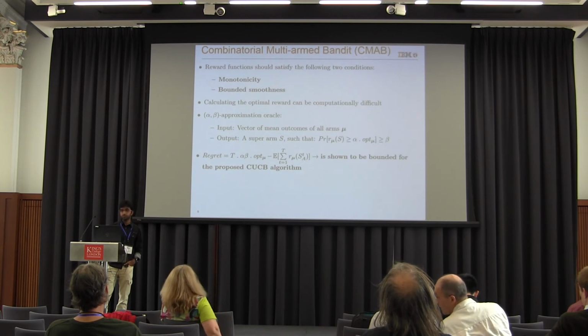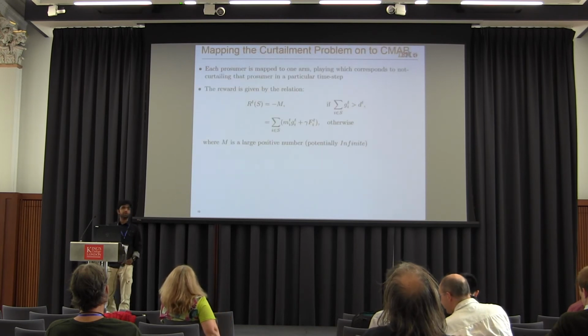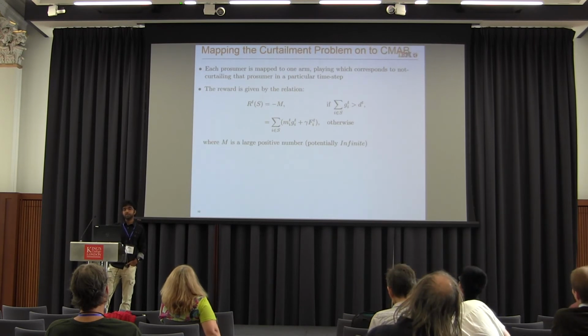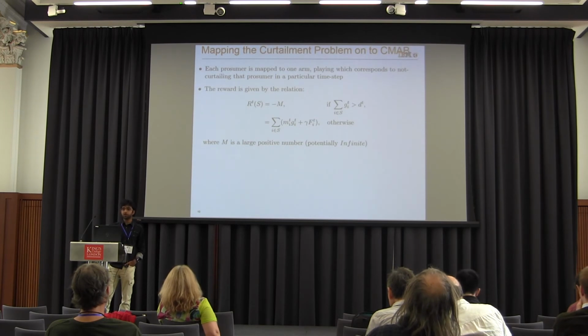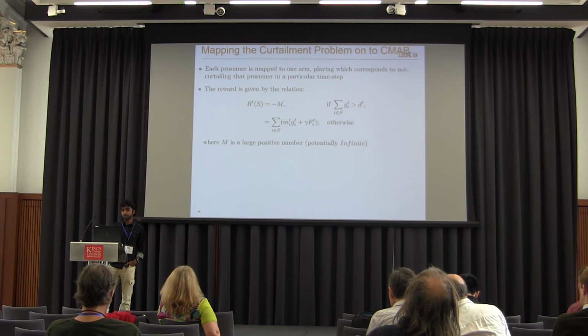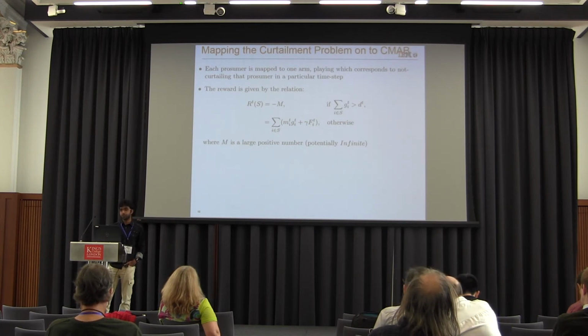Now this is the formal mapping of our problem to CMAB. Each prosumer is mapped to one arm, playing which corresponds to curtailing that prosumer in that particular time step. And this is the reward function for a super arm S, which is a subset of prosumers.